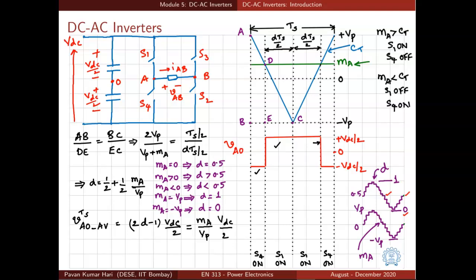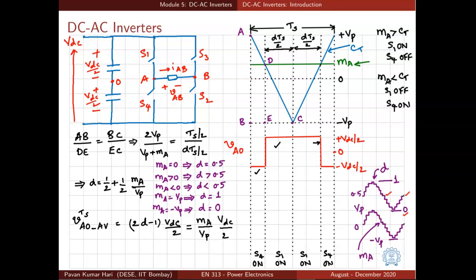Because this is what is needed to generate an average voltage which is sinusoid. You need a duty cycle which goes around 0.5 but varies as a sinusoid, to generate a sinusoidal average voltage VAO.